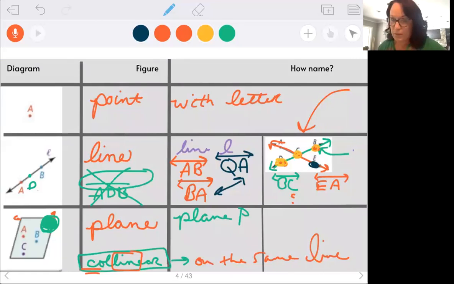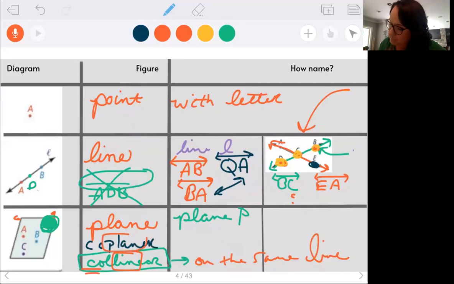Likewise, we have the word coplanar. I'd like you to write that under the word collinear. You can see it's written word, plane, co. It means on the same plane. So coplanar means you lie on the same plane. I would say over here that points A, B, and C are coplanar.